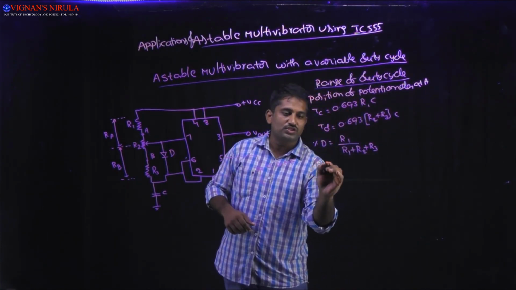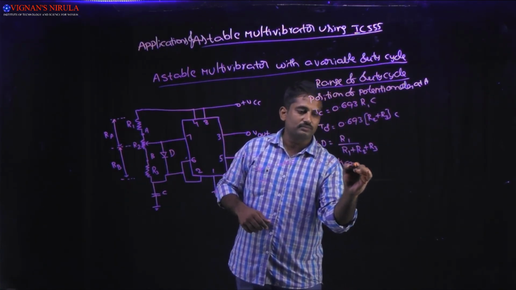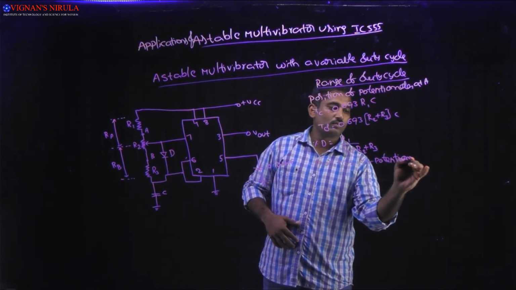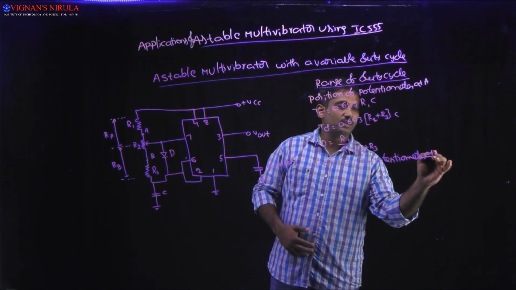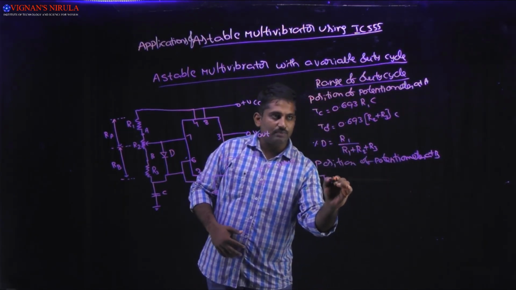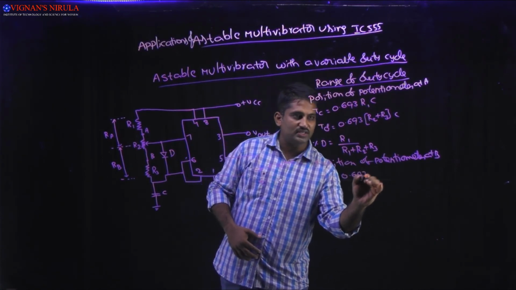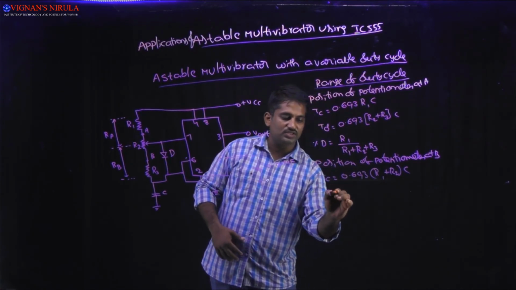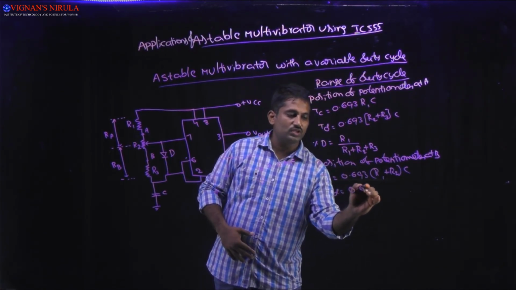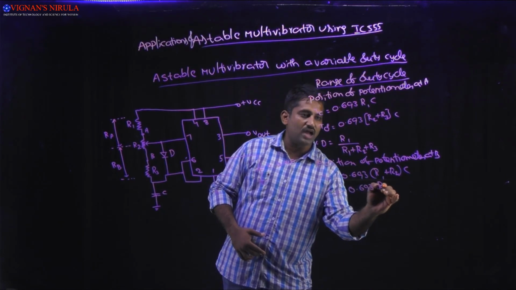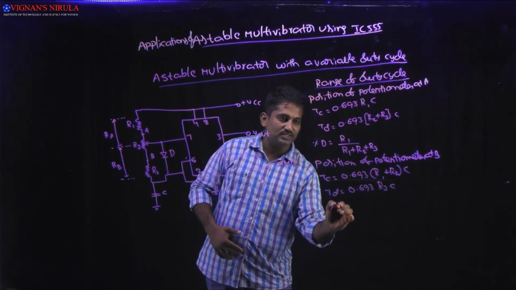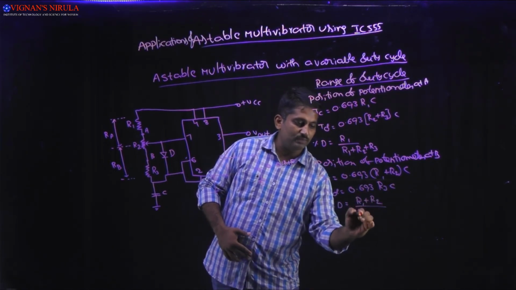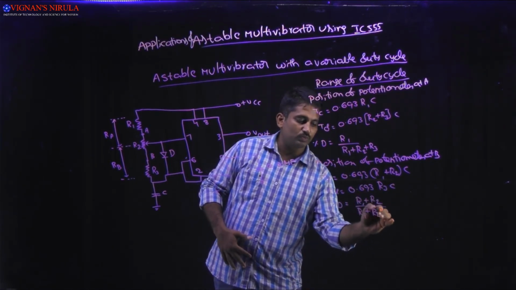So when the potentiometer is at B, the charging time period will be equal to 0.693 into R1 plus R2, into C, and the discharging time period is equal to 0.693 into R3 into C. So the percentage of duty cycle will be equal to R1 plus R2 divided by R1 plus R2 plus R3.